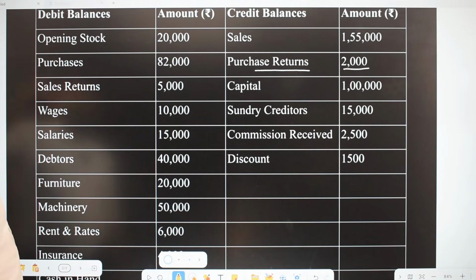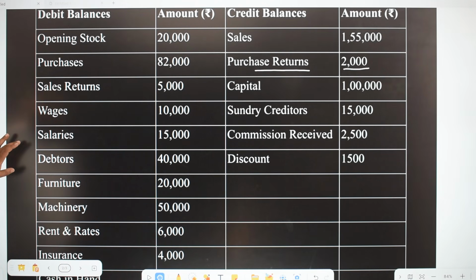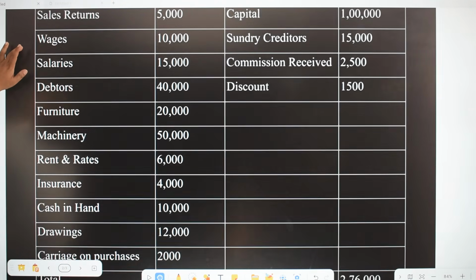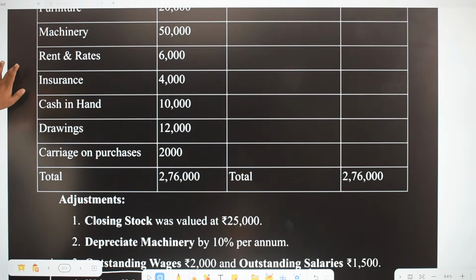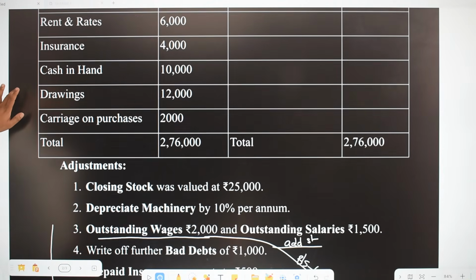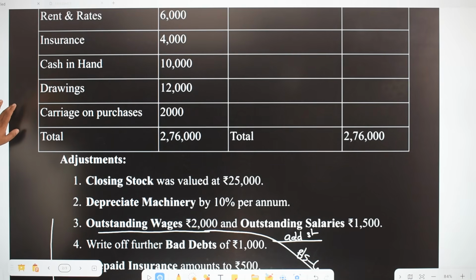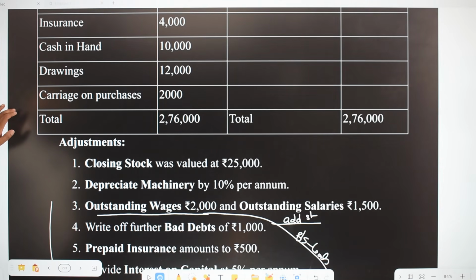And check for the other transactions. Clear. Salaries is an operating expense, debtors asset, furniture asset, machinery asset, rent and rates is an operating expense, insurance is an operating expense, cash in hand asset, drawings is not an expense, which is deducted from the capital in the balance sheet on the liabilities side.